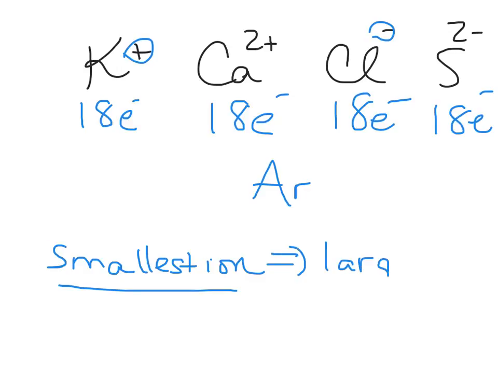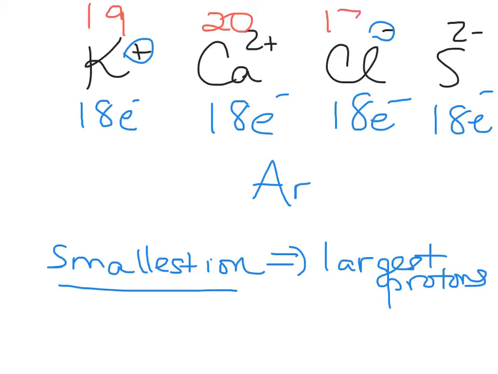So look on the periodic table and find out which one of these has the largest number of protons. And I'm going to write the atomic number for each of them above them. So potassium has an atomic number 19, calcium 20, chlorine has an atomic number 17, and sulfur is 16.